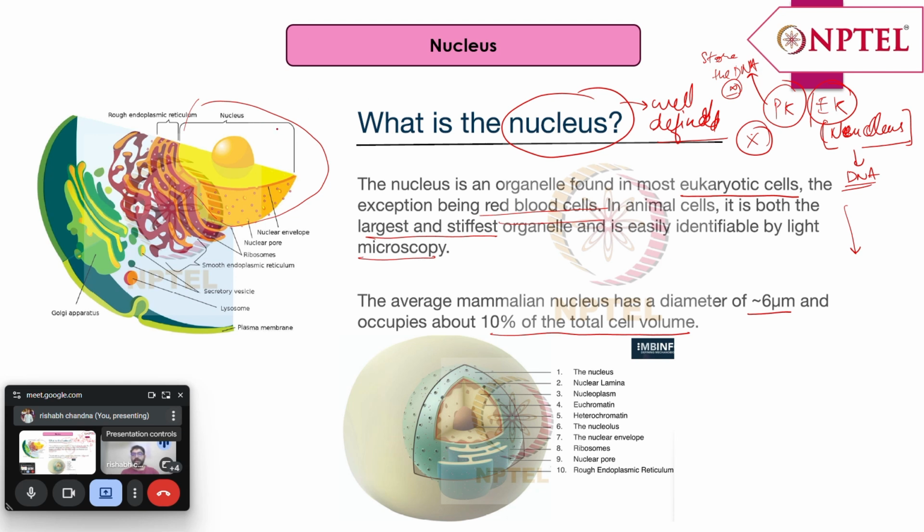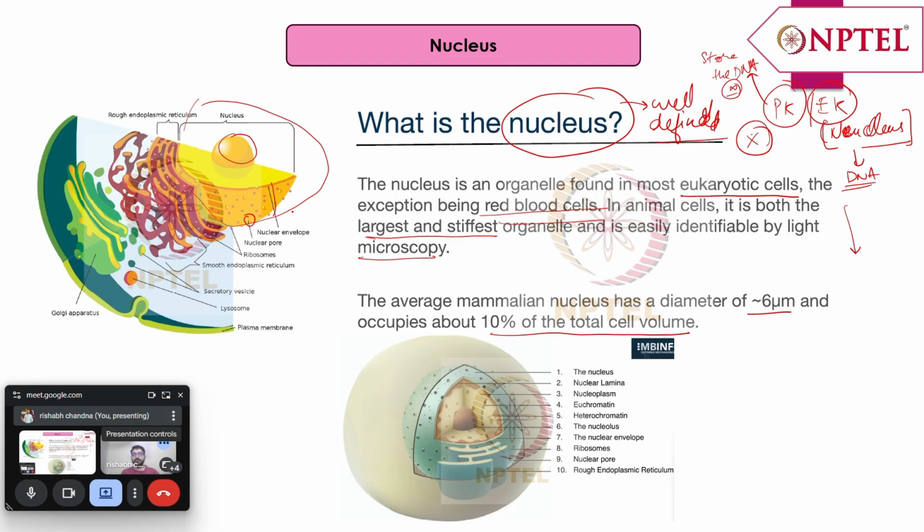This is the nucleus structure, and this central region is the nucleolus. This covering of the nucleus is the nuclear membrane or the nuclear envelope. Then we have nuclear pores that allow the movement of proteins to and fro from the nucleus to the cytoplasm.